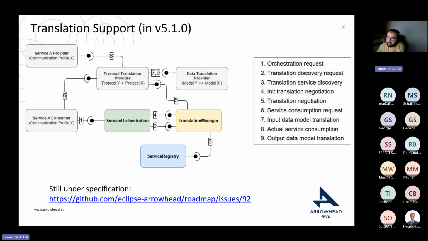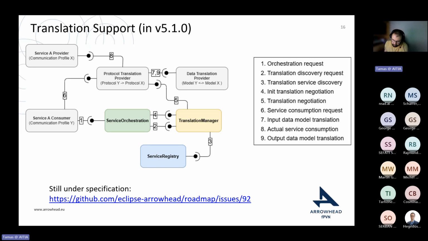But instead of connecting directly to the provider, it will connect to the protocol translation provider. It will manage the translation between the protocols and between the data models back and forth if necessary. This translation support will be released in version 5.1. So this whole thing is still under specification.